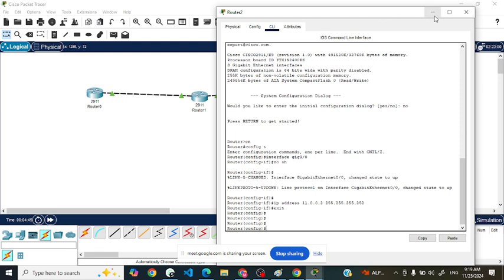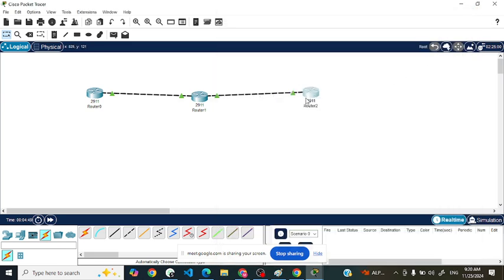Is it clear for everyone? We have configured IP addresses on each and every interface. And now these routers are up. They are able to exchange keepalive messages. We will discuss the keepalive messages later. And the line protocol is also up.